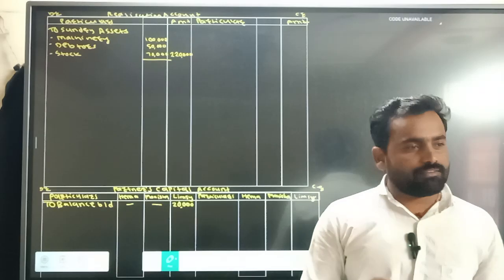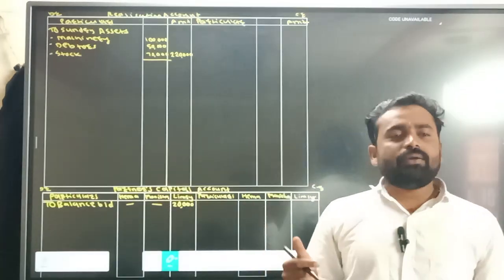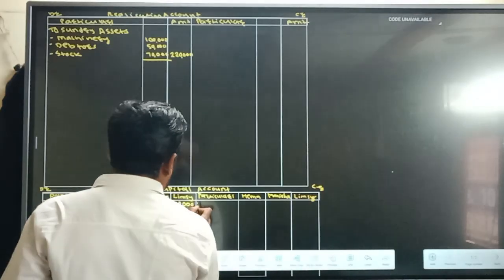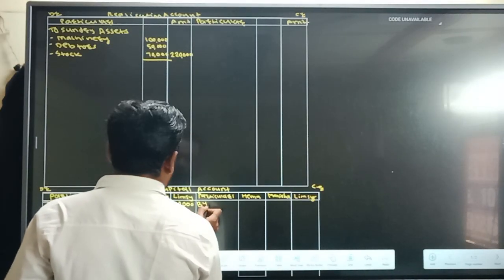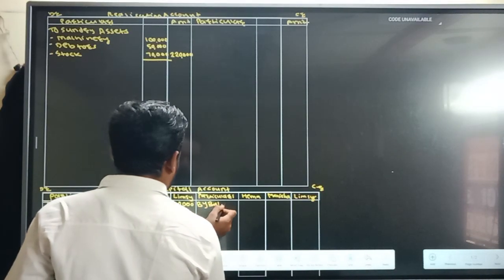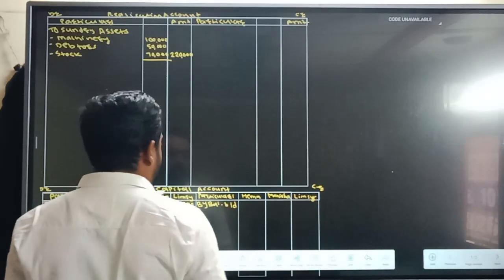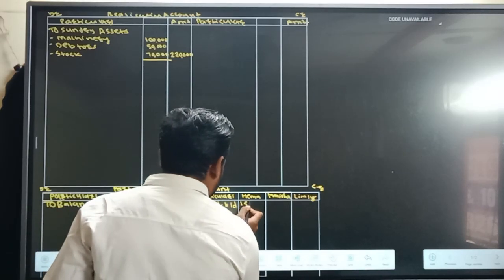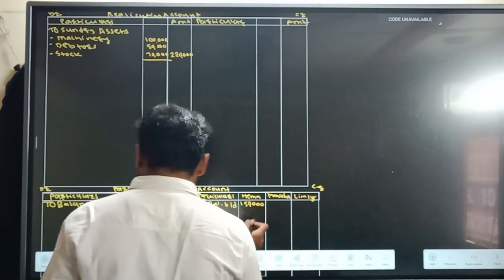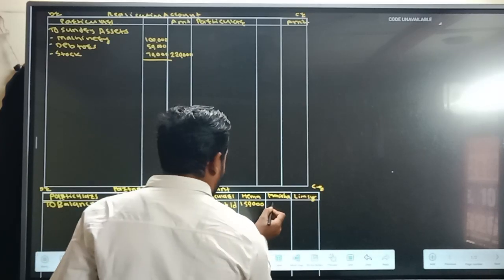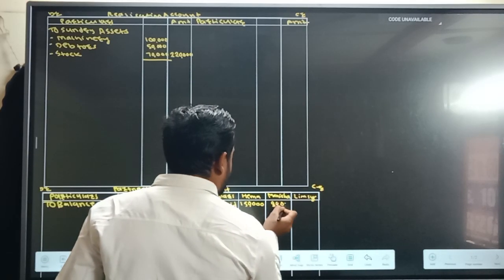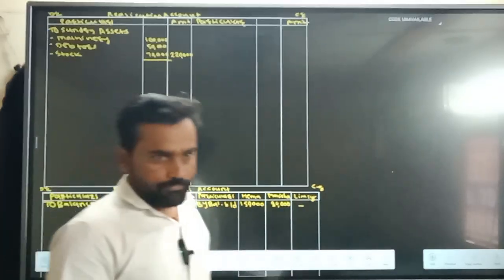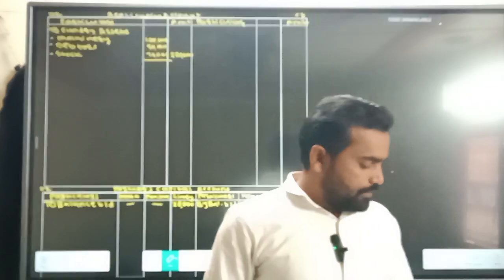You know that the liability side is the credit side. So this effect will be on the credit side of the partners' capital account: by balance brought down. Hema's column 1,50,000 and Manisha's column 80,000, and Limsi's column dash, because Limsi's column has debit values, so we have written it.